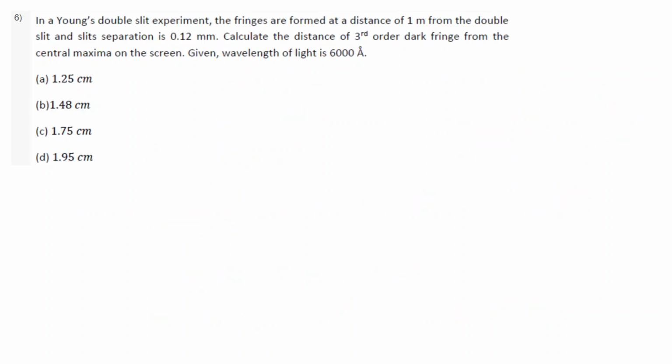Okay. Next question, question number 6, in a Young's double slit experiment, the fringes are formed at a distance of 1 meter from the double slit. Again, that means the distance between source and screen is 1 meter, and slit separation is 0.12 millimeter.